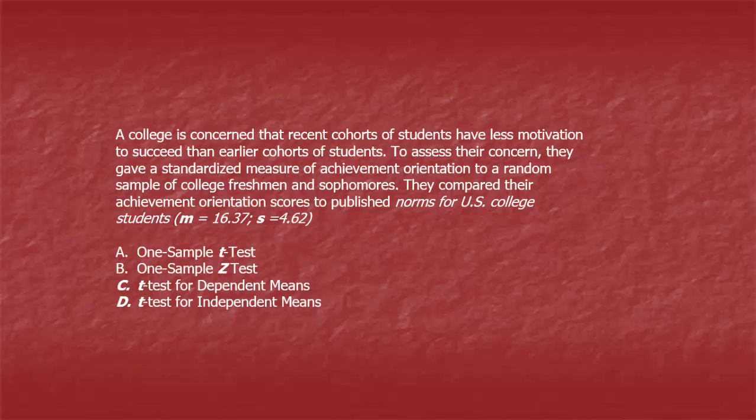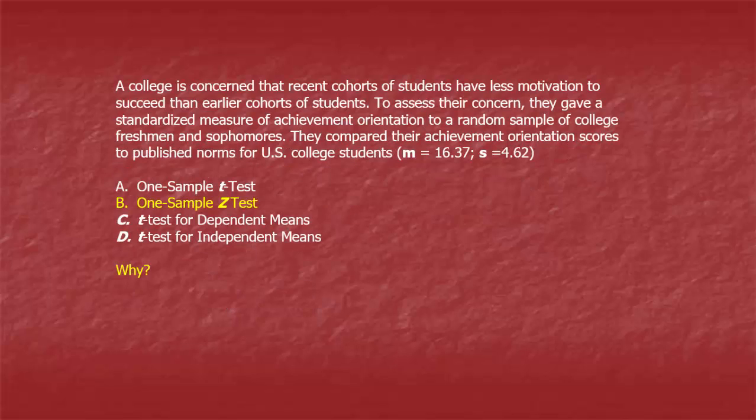You would use one if you have full population information. Do we have that here? Yes, we do, because we have the mean and the standard deviation for college students in general in the U.S. And because we have that full population information, the answer is the one sample z-test.